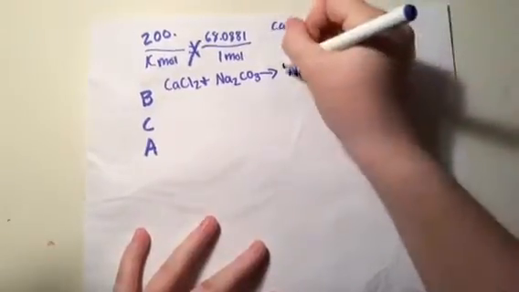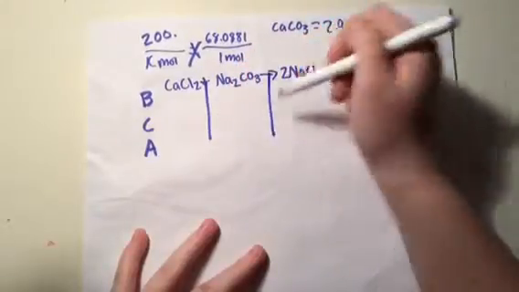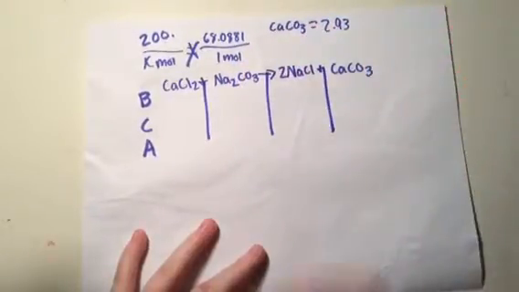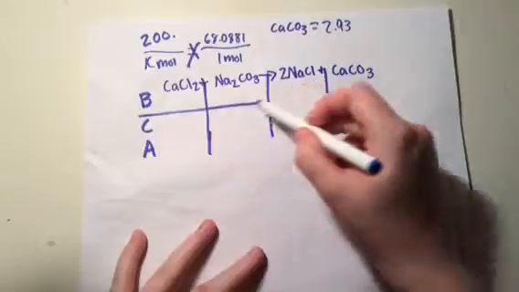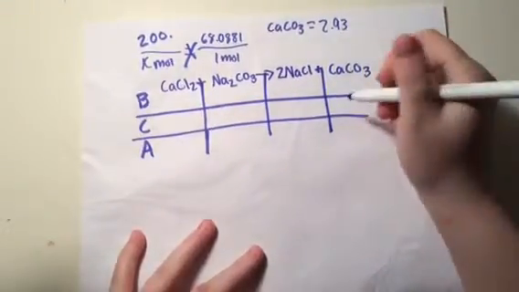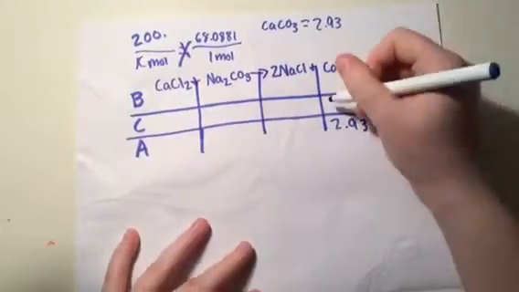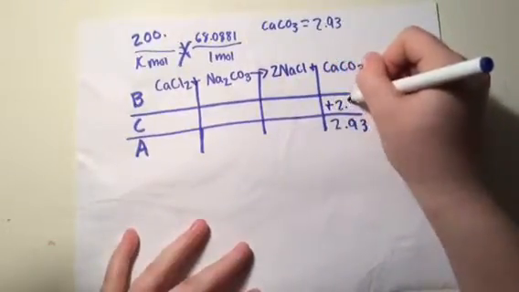So we need to balance this out, so you just add a 2 here. So we know our ending results, so we can put the 2.93 here, and we can just take this whole thing.